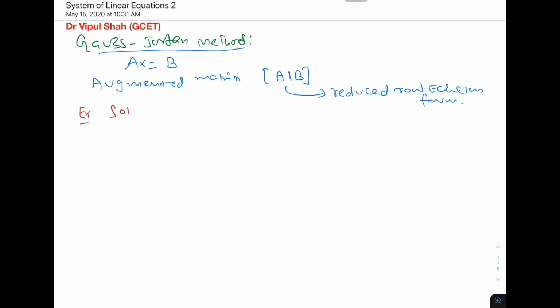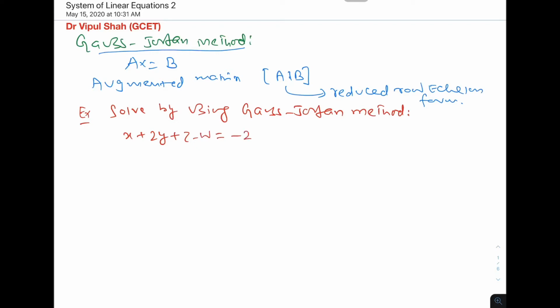Solve by using Gauss-Jordan method. So we need to solve the system by using Gauss-Jordan method. The system is like this: x plus 2y plus z minus w equal to minus 2.